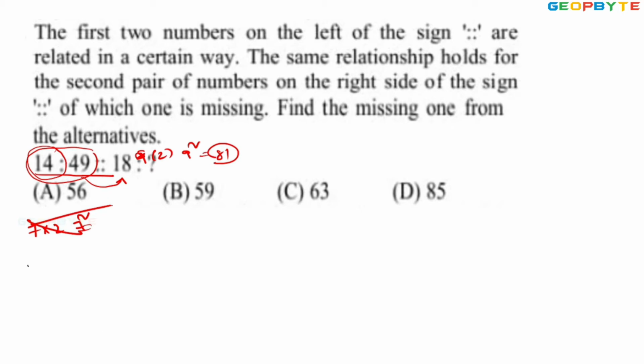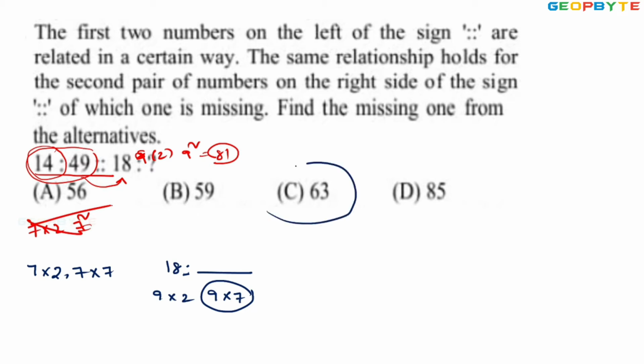Another logic: 7 into 2, 7 into 7. Here 18, next 9 into 2, 9 into 7, 63. Is this option there or not? You can check. So 63 is there. So option C is the answer.